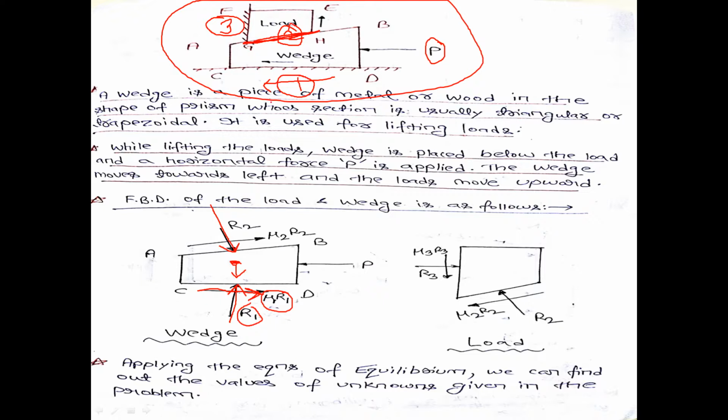Since the wedge is moving along this direction, the frictional force will be acting in this direction. So this is that frictional force mu2 into R2, where mu2 is the coefficient of friction for surface number 2. So this is the free body diagram of this wedge. Any doubt in this free body diagram of the wedge?